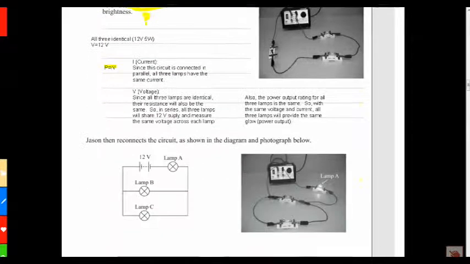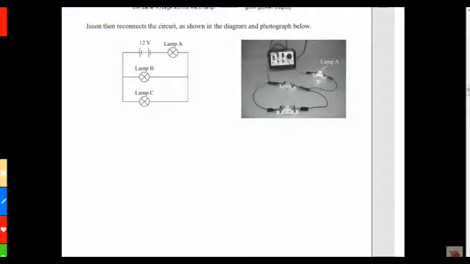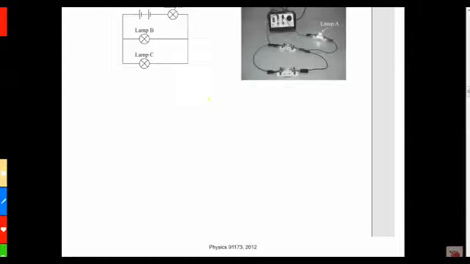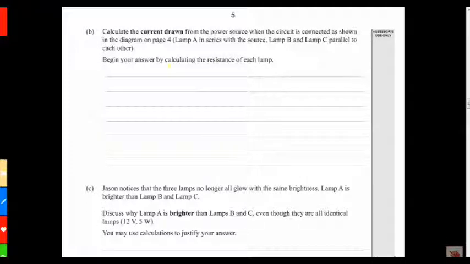And moving on to see that the circuit has been reconnected, and the difference now is we have a parallel part of the circuit. And there's reference to lamp A here. The question is, calculate the current drawn from the power source.